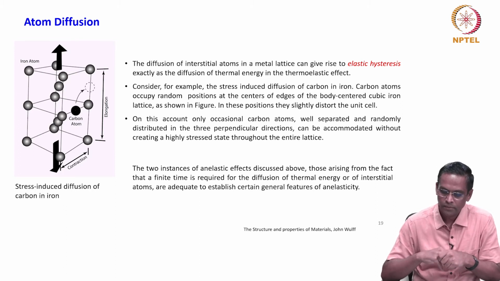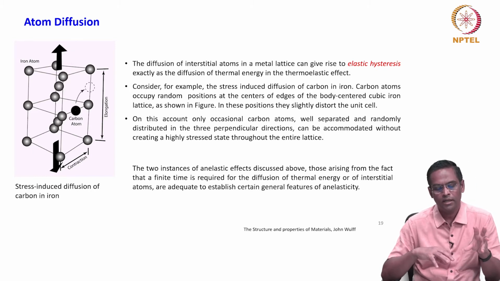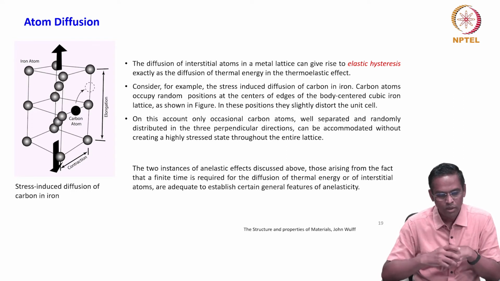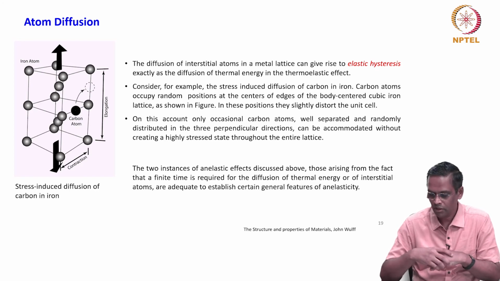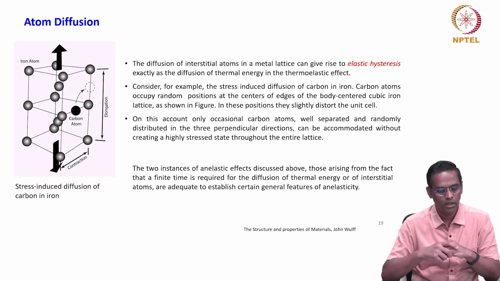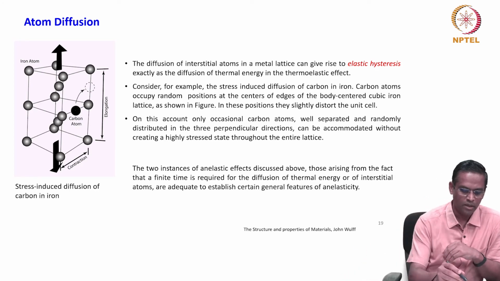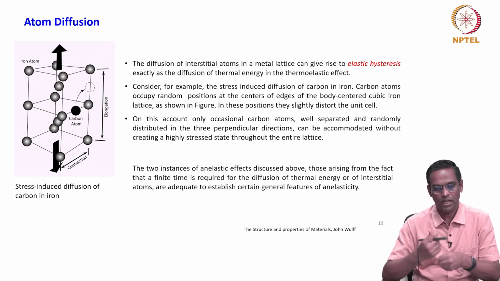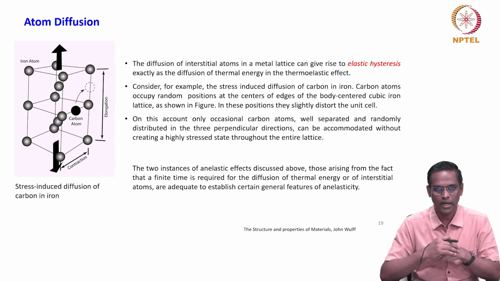So this is also one of the classical examples of this thermoelastic effect. When this kind of lattice is stretched, the diffusion of the carbon atom from the constrained position to the new position is also a function of elastic strain.